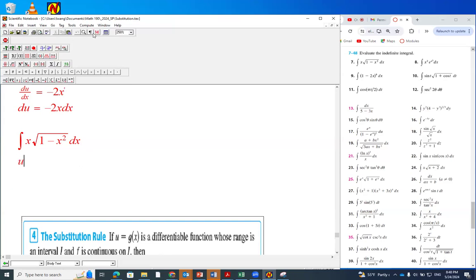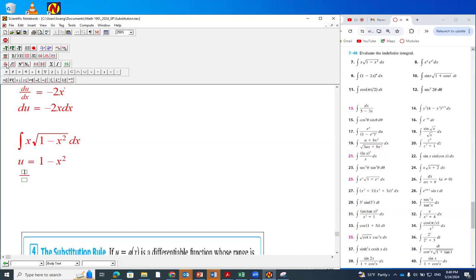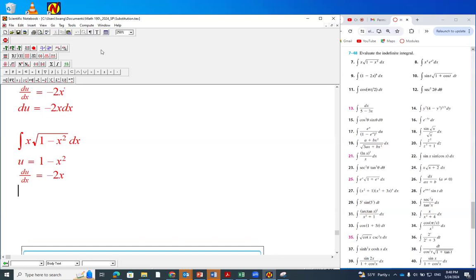I suggest we assume u equals 1 minus x squared. Then du/dx, the derivative of u, equals negative 2x. That is to say, du equals negative 2x dx.